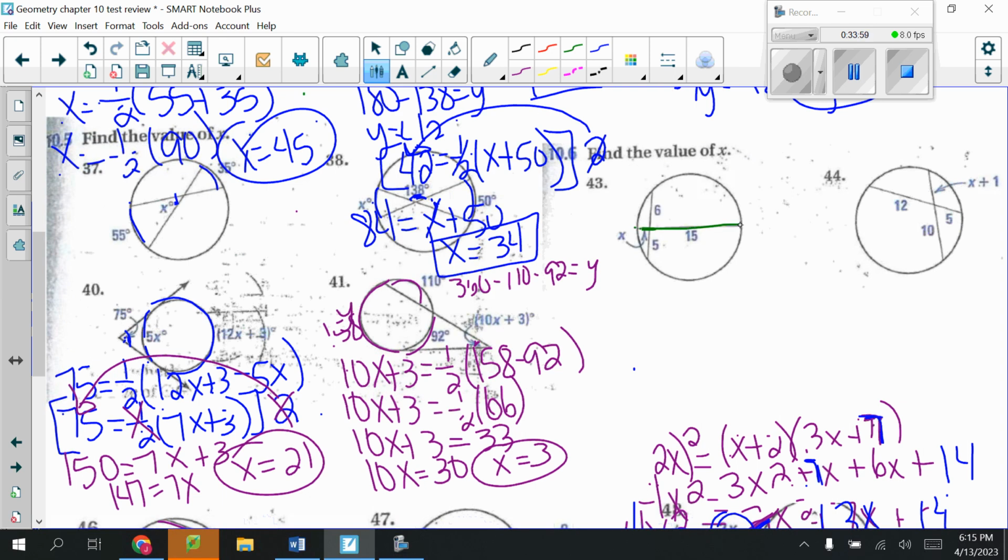So the first part is x, multiplied by 15. So 15x equals 6 times 5. So we have 15x equals 30. So x is equal to 2 on that one.